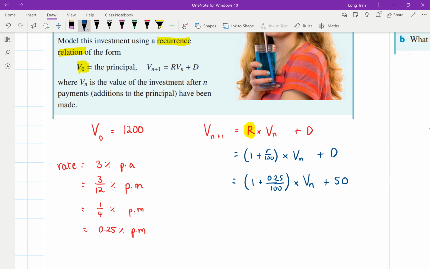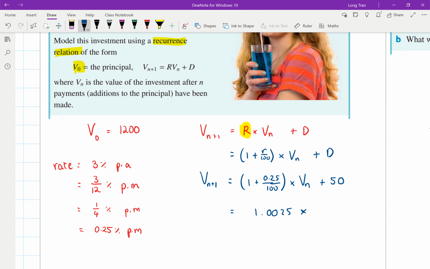So what you have here is a recurrence relation which we can simplify down to 1.0025 multiplied to Vn and then plus 50.